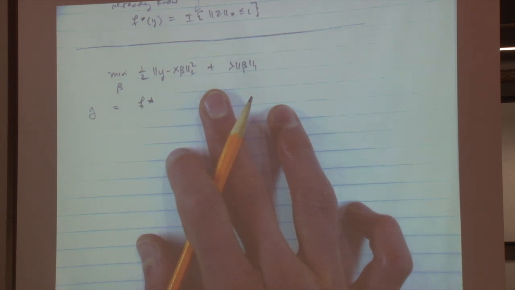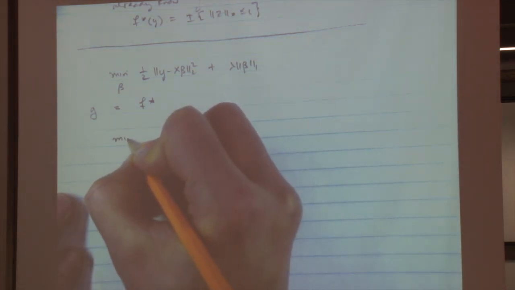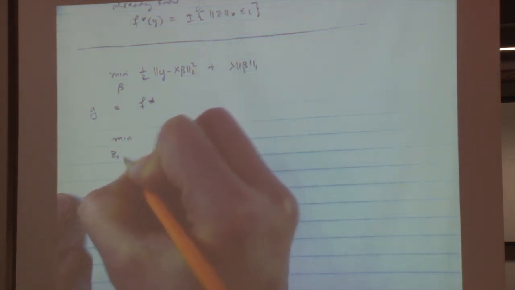Here's our first dual trick. We're going to introduce some auxiliary variables, just create fake constraints. That'll give us dual variables that are not trivial or vacuous, and we'll be able to derive a dual. You can do this in more than one way. Let's rewrite it in the following way.